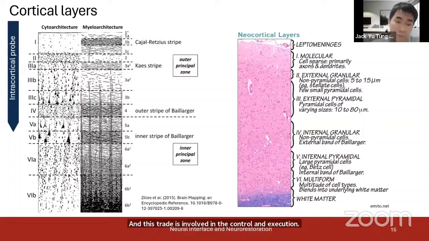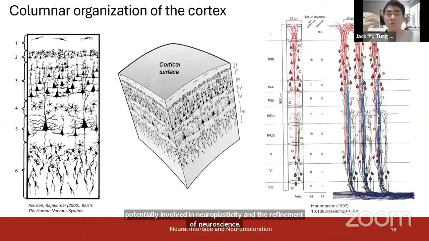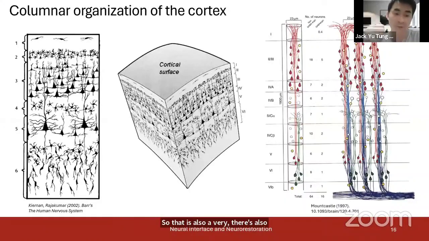And outermost layer 1 is fairly sparse in neurons, as I mentioned before. Their primary roles are thought to be involved in the modulation of cortical activities, integrating inputs from other brain regions, and potentially involved in neuroplasticity and the refinement of neural circuits. There's also a prominent vertical flow of information between the different cortical layers.